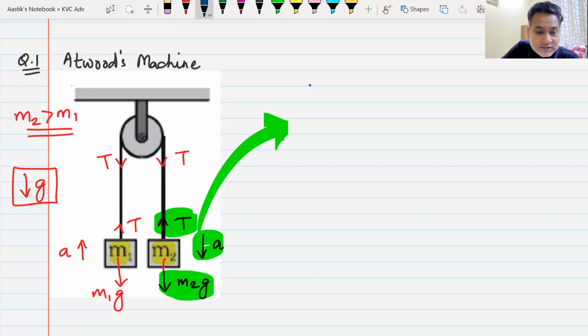How did you make the equation? In the previous cases, where it is moving, do you make the equation in that direction or in the opposite direction? Where is the block moving? Second block, where is it moving?